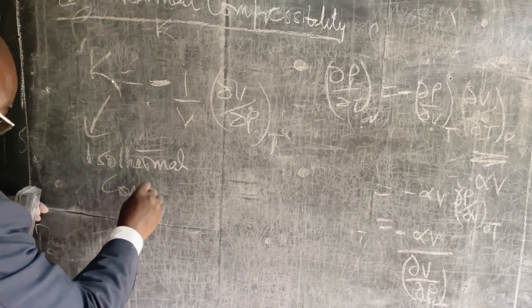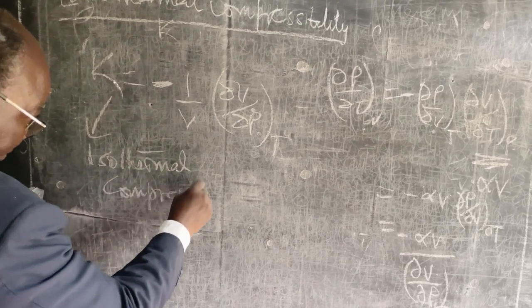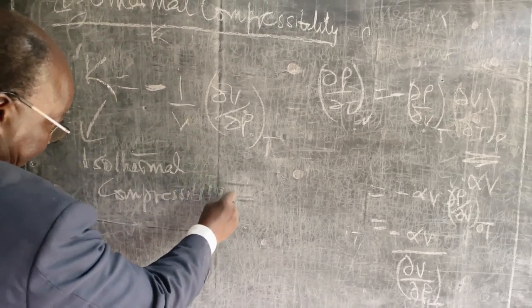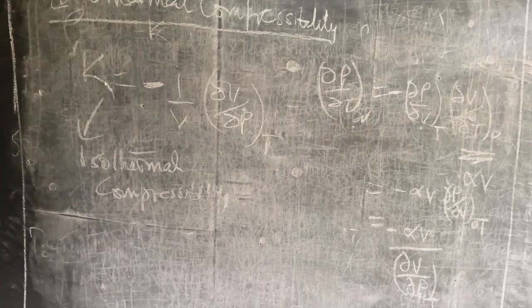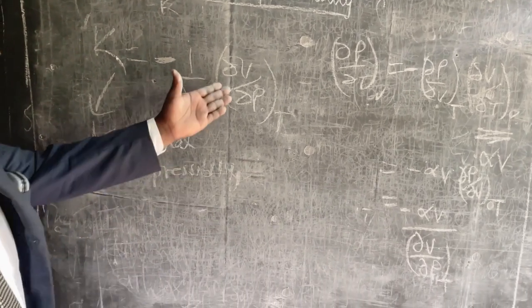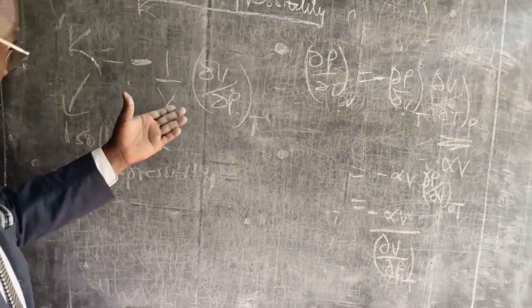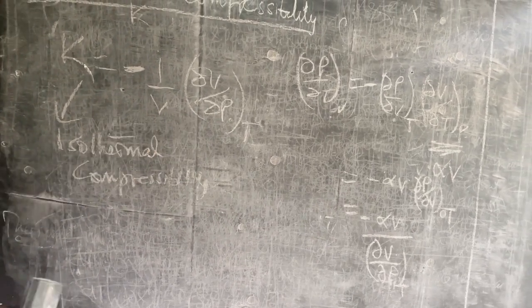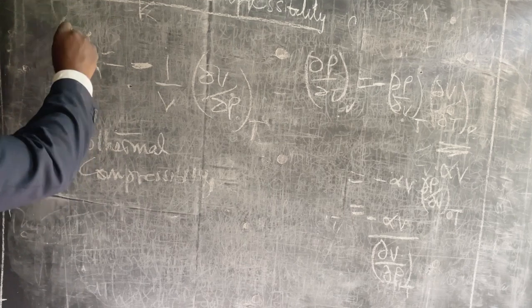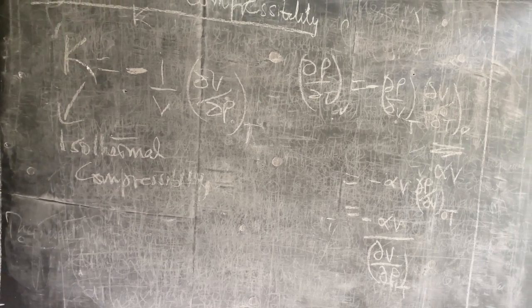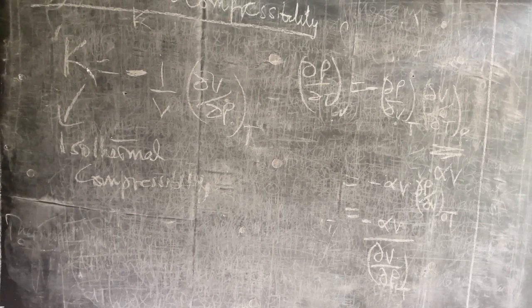This is read as the change in V with respect to P, holding temperature constant, per unit volume. That is how we read out this expression for kappa. And this kappa is a very important quantity.